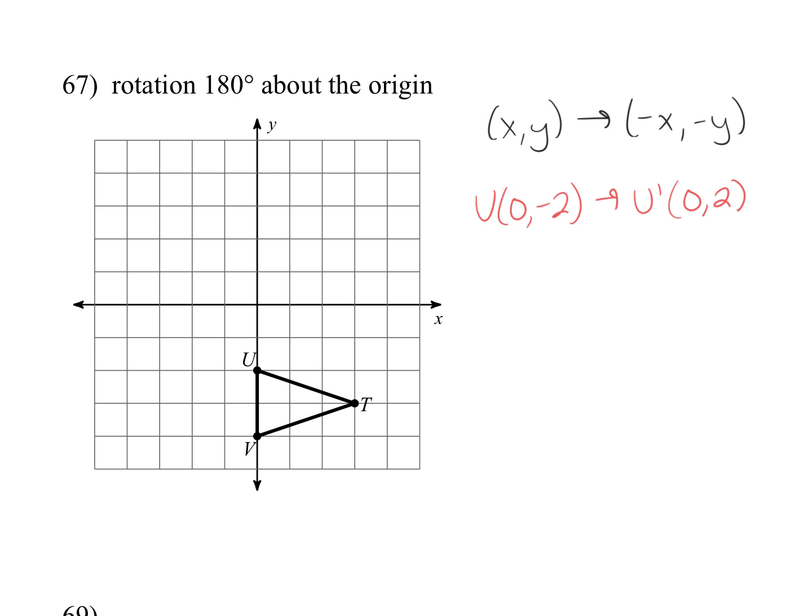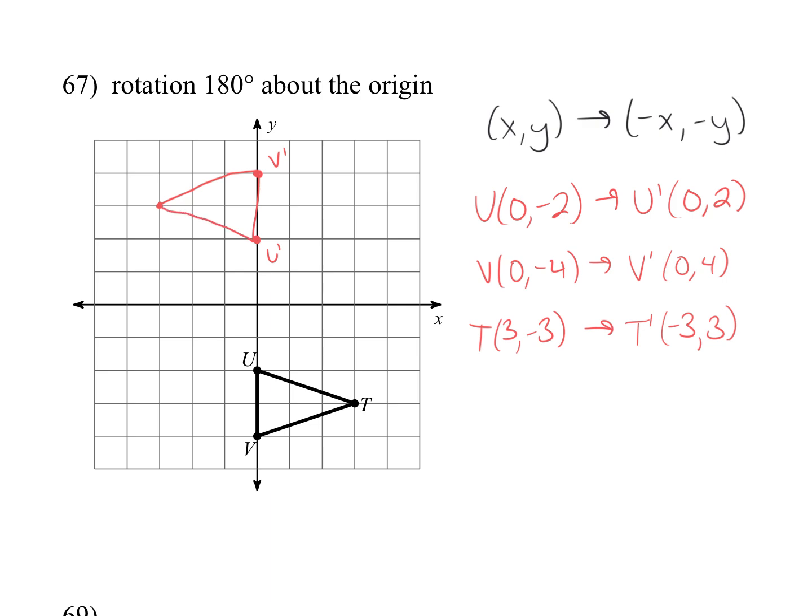No, they stay in the same spot. All that's happening is the signs are switching. Okay, so 0, 2 is my u prime. What about v? 0, negative 4, and then it turns into 0, 4. And then t right now, it's 3, negative 3. What does it turn into? Negative 3, 3. Good.